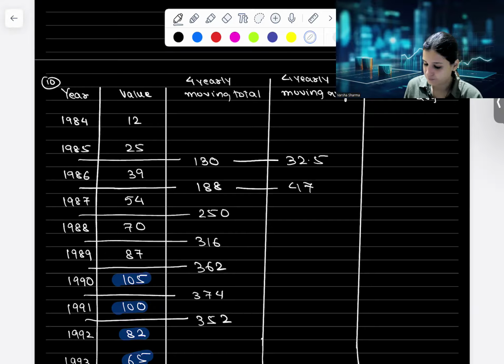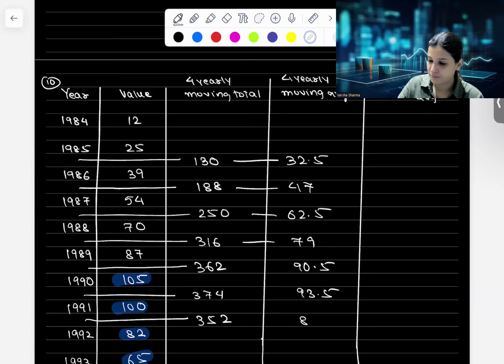Next, 62.5. Next, 79. Next, 90.5. Next, 93.5. Next, 88. Now, here the problem is if I want to plot, where will I assign 32.5, right?